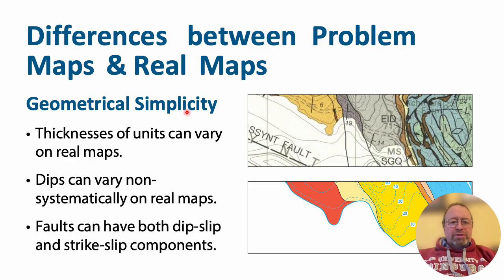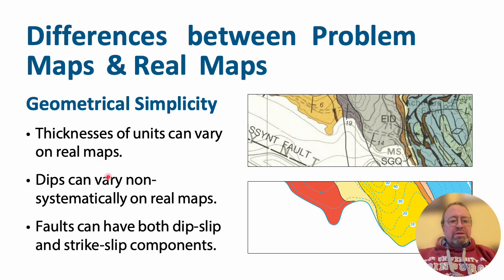So, there are differences between the problem maps you've been working with and real maps. And some of the differences are outlined here. So, for one thing, we see that the thicknesses of the units actually vary across the map. Like you can see in this example, these are the problem and the real map for a part of Scotland, and you can see this grey unit here is changing its thickness much more than you see in the problem map.